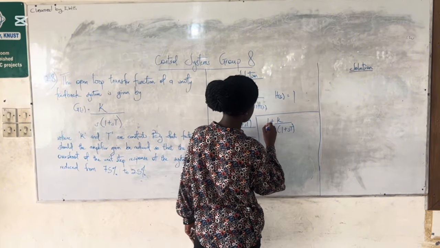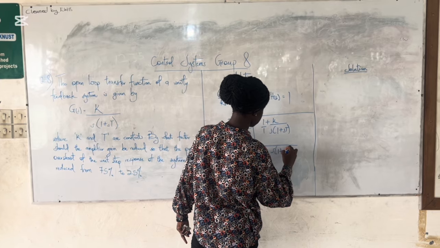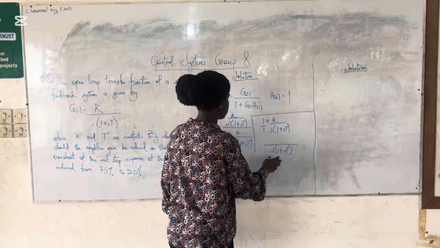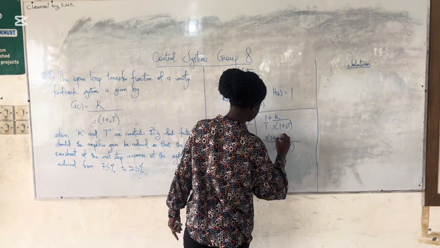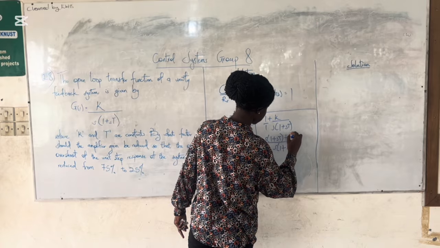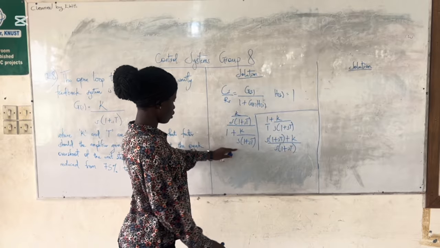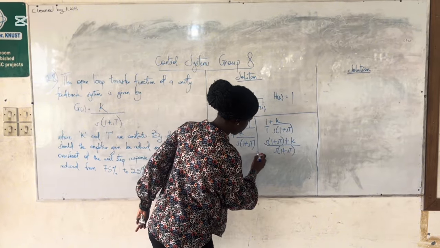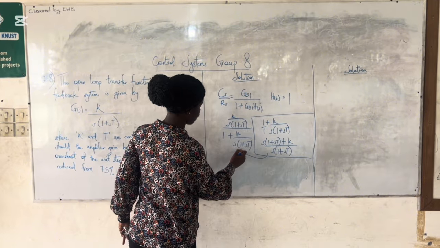So this, find the LCM, which is S(1 + ST). Then multiply S into the bracket (1 + ST) plus K. After solving for the denominator, we'll now put it back into our equation here.